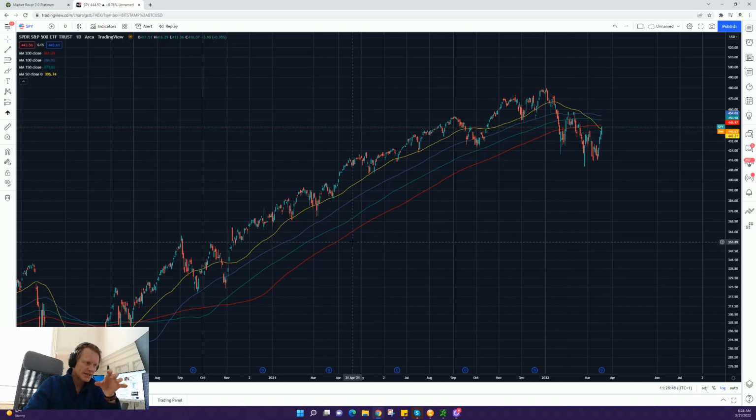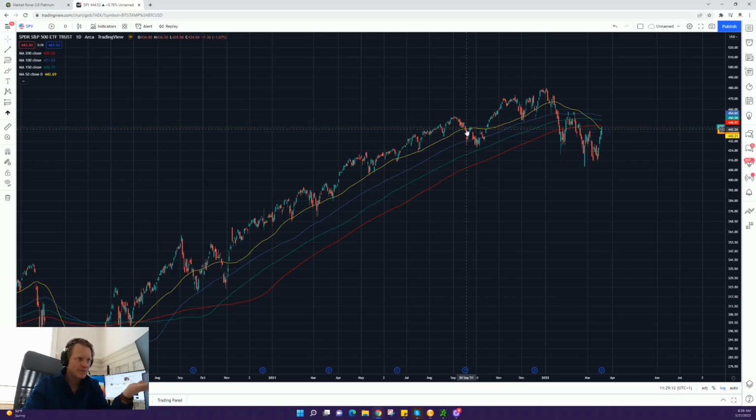And as those moving averages are now flat, a couple of them already pointing down, that change from upward sloping to flat offers a lot better resistance than if one were to break below a moving average while all the other moving averages are still sloping up.